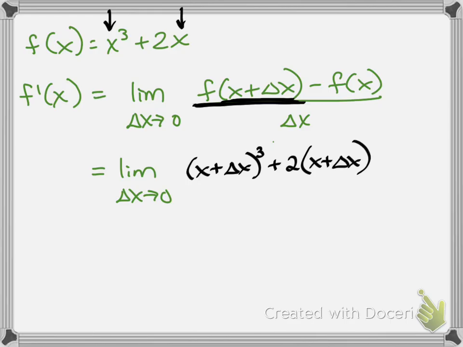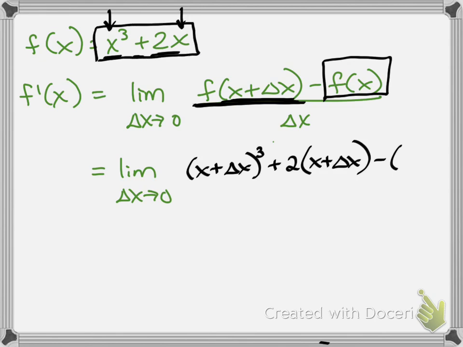So this is something cubed plus 2 times that something, minus, this is nicer, all you have to do is rewrite f of x. You don't have to change it at all. We're minusing that whole f of x function, so just parenthesis x cubed plus 2x. You just rewrite f of x right there. So this is super nice. All over delta x.